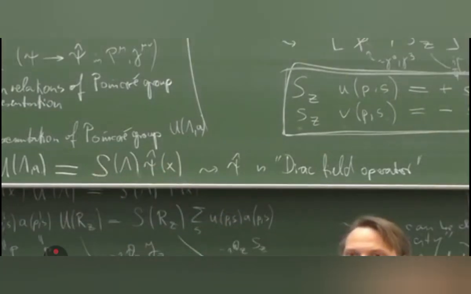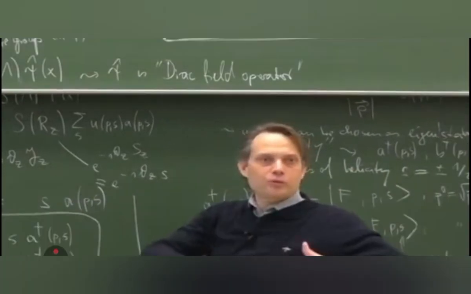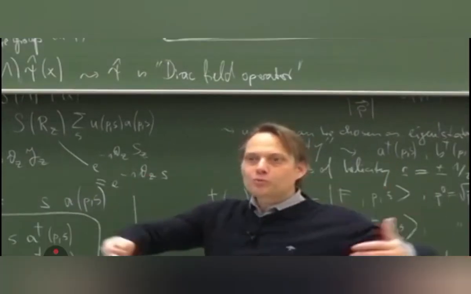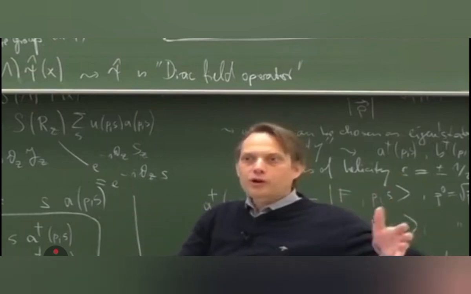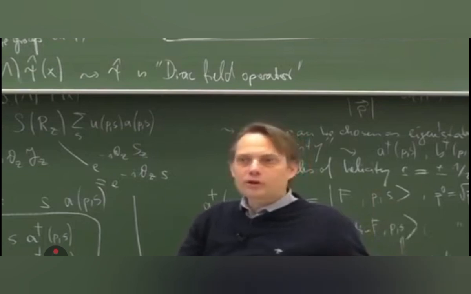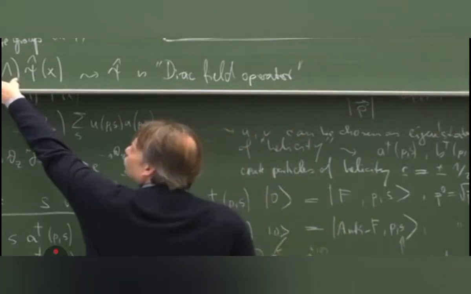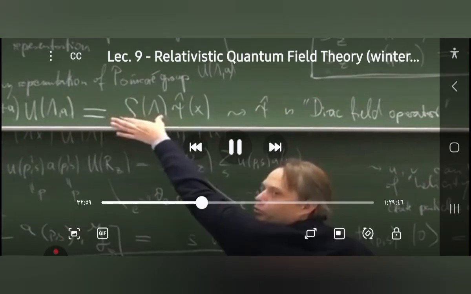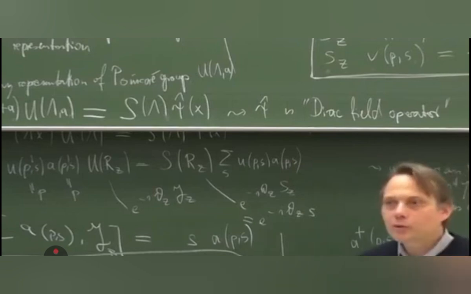And so, in this way you see clearly the connection to the very beginning, because we started with saying we want to analyze a field which is this (1/2, 0) or (0, 1/2) representation of the Lorentz group. That was the starting point, and that immediately gave rise to this representation of the Lorentz group, which automatically has eigenvalues plus minus 1/2. That is the construction principle of this (1/2, 0), (0, 1/2) representation of the Lorentz group.